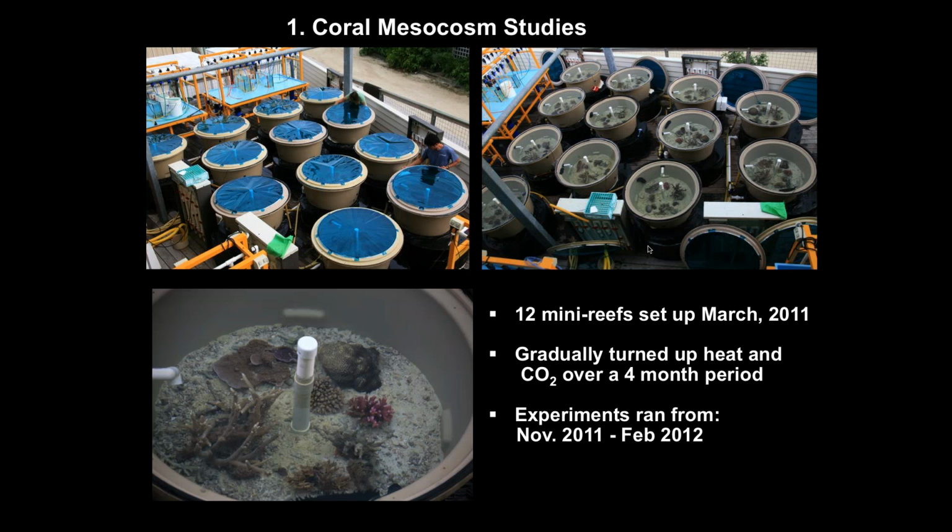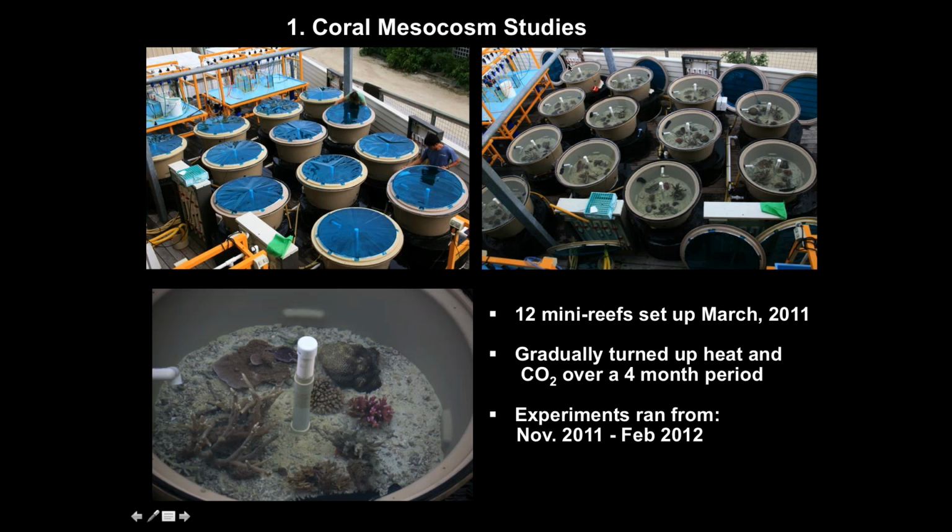And so we exposed these communities of organisms. I actually surveyed the reef by the CSIRO buoy, and we tried to recreate the same coral coverage and diversity, as well as the same relative coverage of the dominant invertebrates in each of the 12 mesocosms.